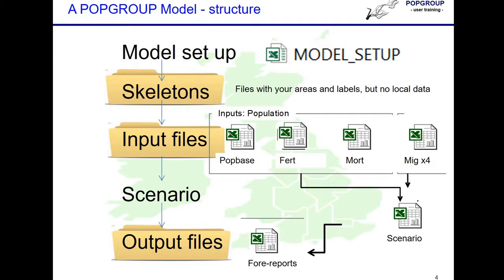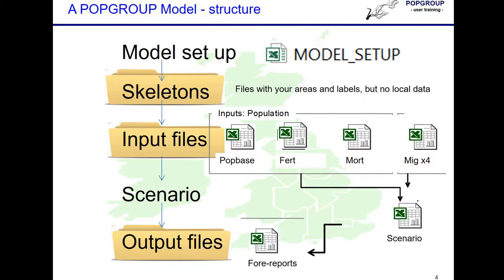When you run a model setup file and you've specified the population groups that you wish to produce projections for, POPGROUP will set up a set of files associated with that particular projection model. These will include skeleton files, input files, and output files.